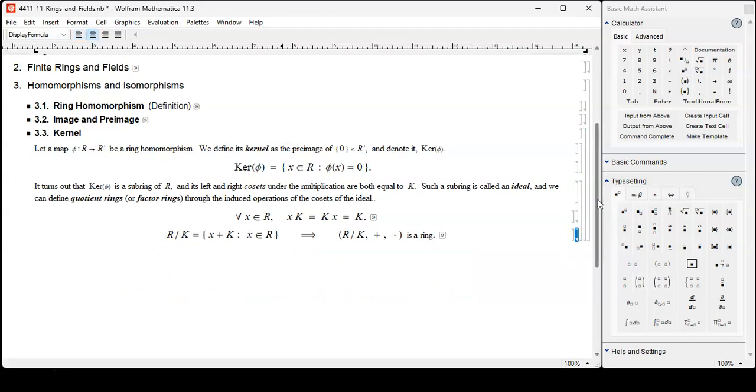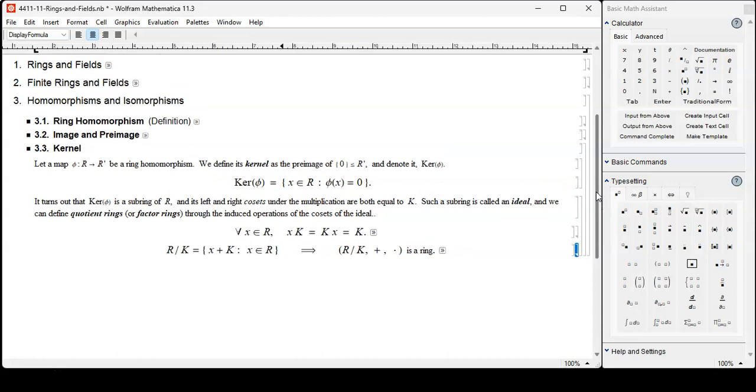And we established the fact that we can consider factor rings or quotient rings just like we did factor groups. But the condition for factor rings is the ideal condition. That's a little bit different from the normality condition for group theory. That's the only difference. Otherwise, pretty much the same.